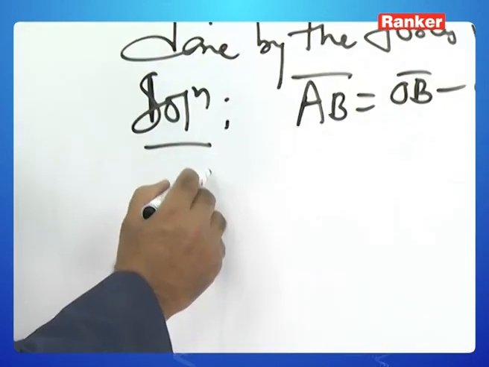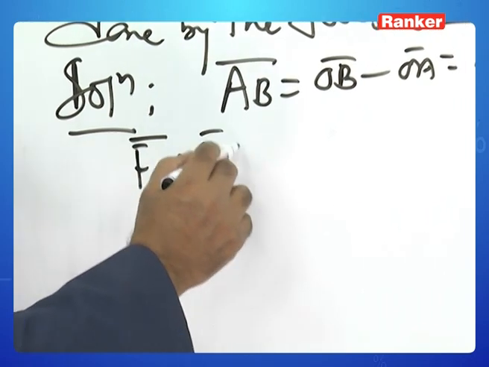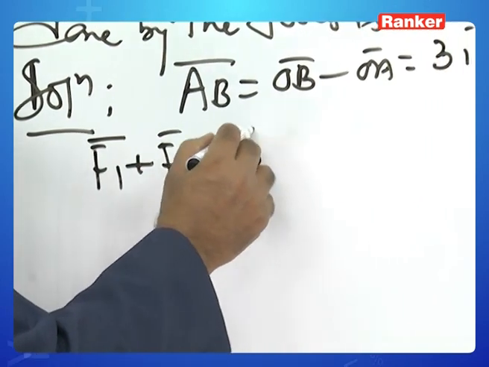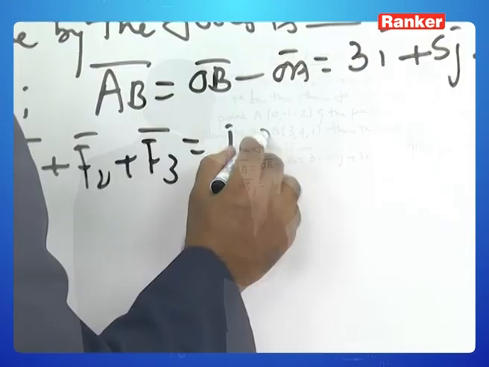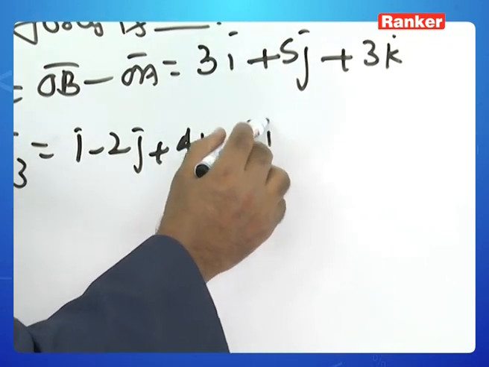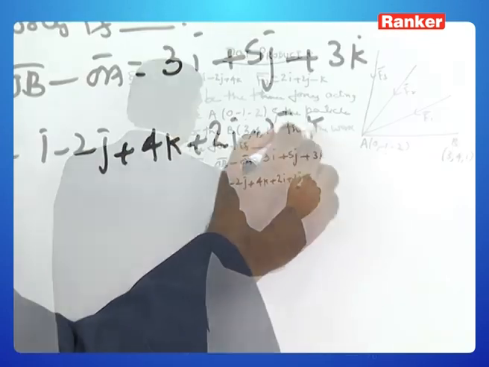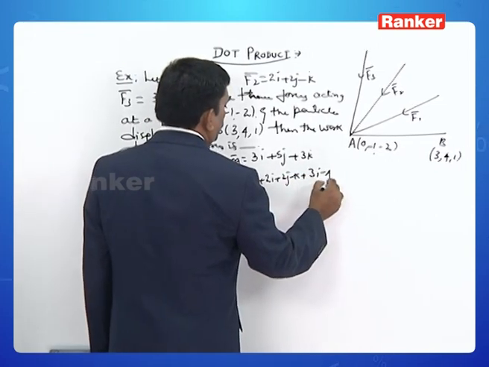Then let us see F1 bar plus F2 bar plus F3 bar. Come on, add up all this. Now i minus 2j plus 4k, plus 2i plus 2j minus k, next 3i minus 4k.